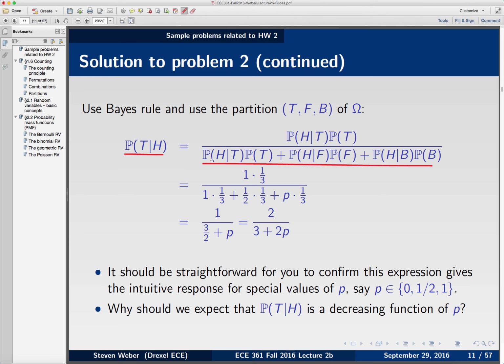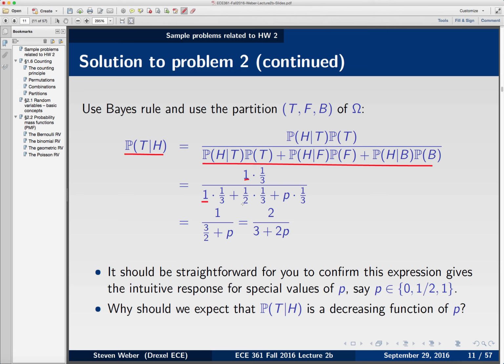That is, the probability of a head can be expressed as the sum of three products. The first product, the probability of a head given the two-headed coin, times the probability of the two-headed coin, plus the probability of a head given the fair coin times the probability of the fair coin, plus the probability of a head given the biased coin times the probability of the biased coin. And now you just substitute in. Note that the probability of a head given the two-headed coin is of course 1.